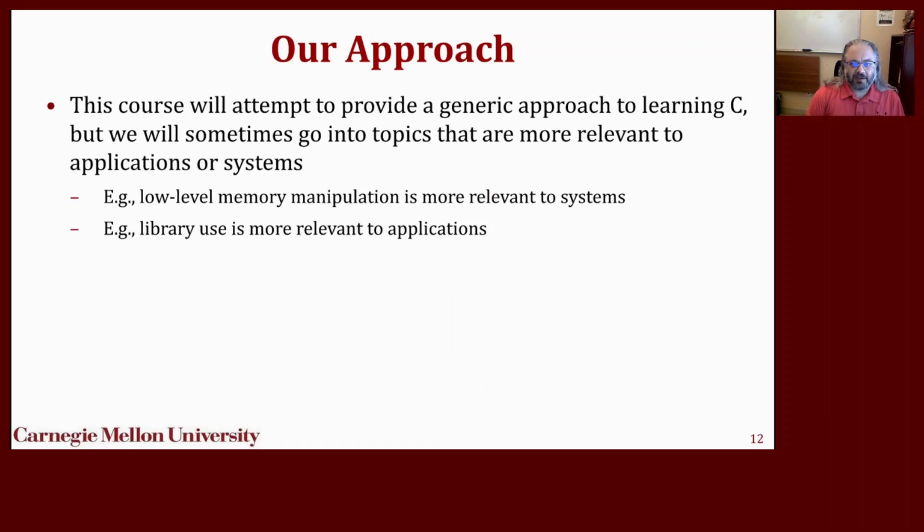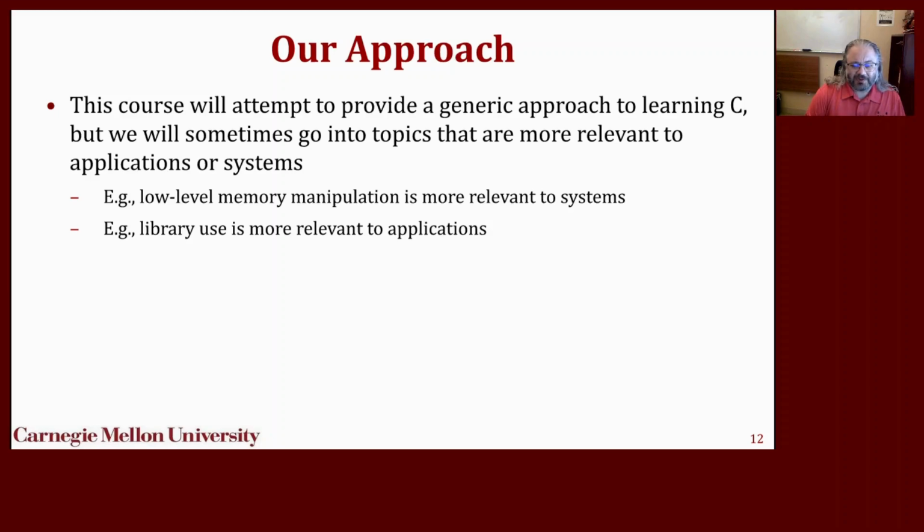So the approach that we're going to take is we're going to approach the C language fairly generically. We're going to try to cover most of what's needed to be able to approach application programming, interface design, or system programming in C. In some particular topics, we'll go into more detail on the system side. In others, we'll go into more things that are more relevant to the application side.